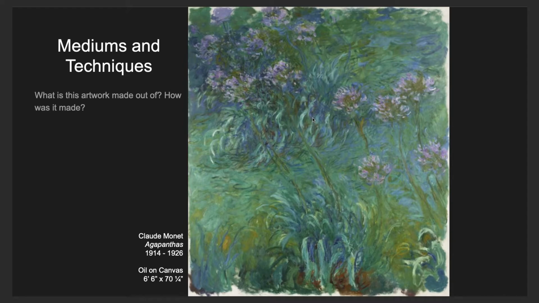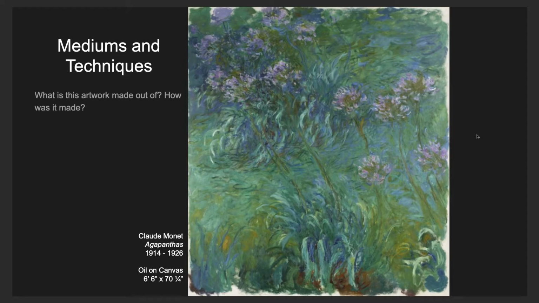So the artist Claude Monet was famous in the late 1800s, early 1900s, and he really started to popularize sort of abstraction in a way where the artwork is representational, meaning it looks like the objects that they represent, such as these flowers, but he's starting to remove them a little bit from the reality.